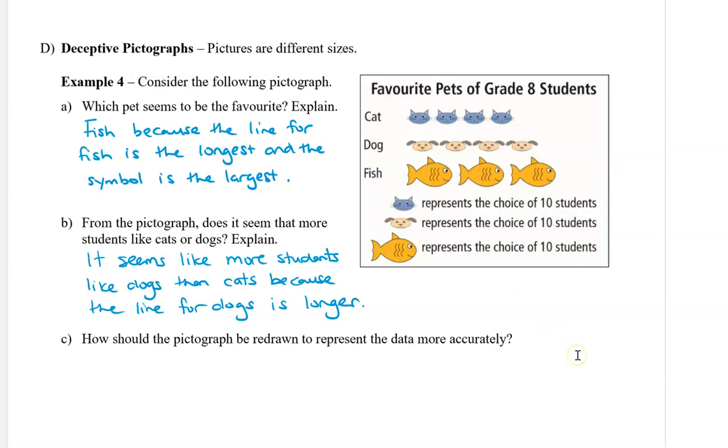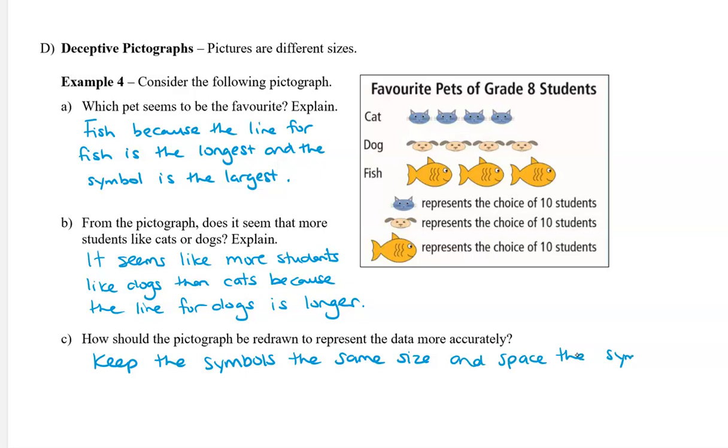All right, finally, how should the pictograph be redrawn to represent the data more accurately? So simply, we need to keep all of the symbols always the same size, and we also want to space the symbols an equal distance apart from each other.